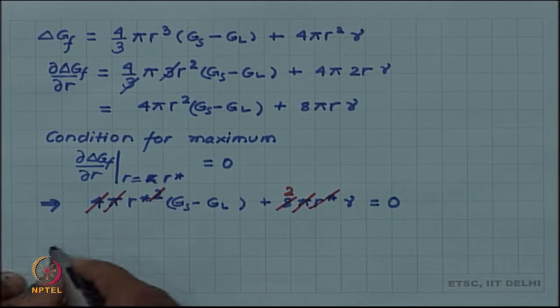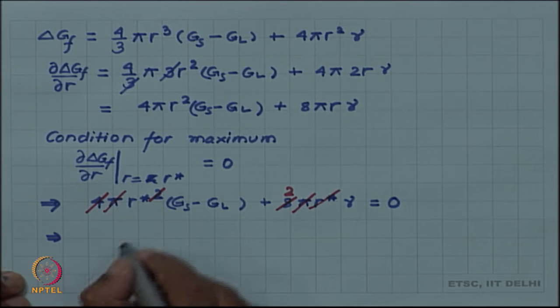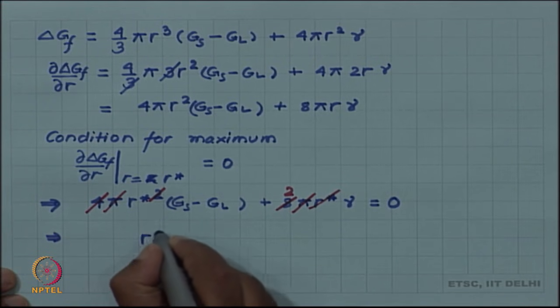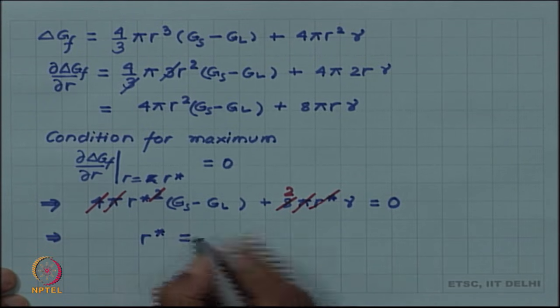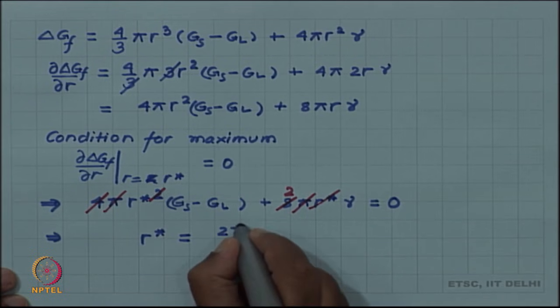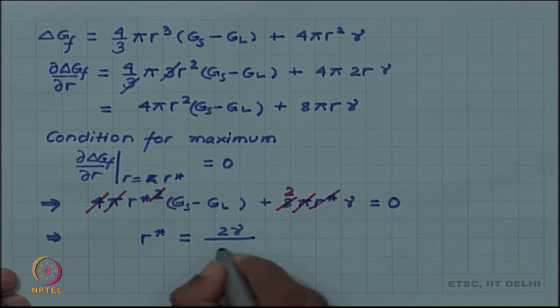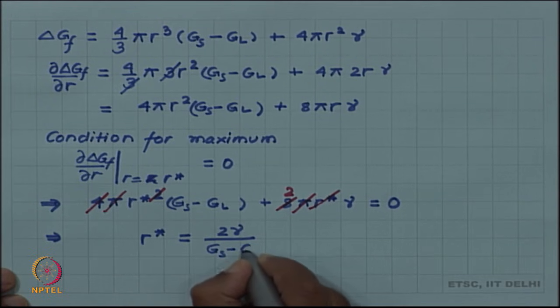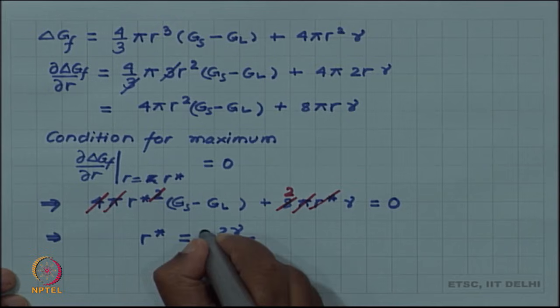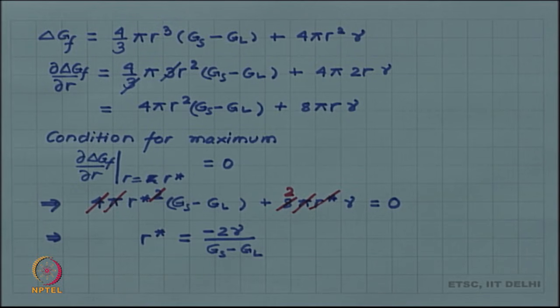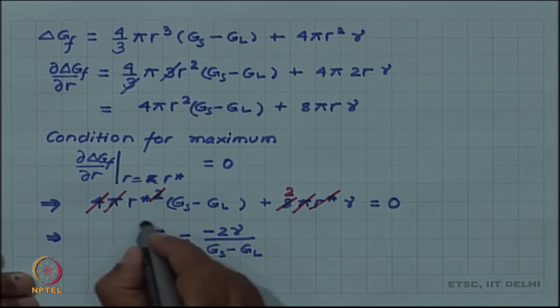So, we get an expression for R star as 2 gamma by Gs minus GL with a minus sign, minus 2 gamma by Gs minus GL.